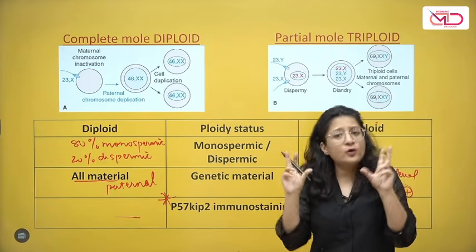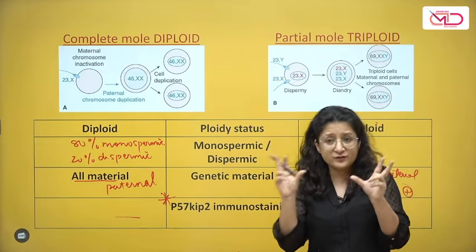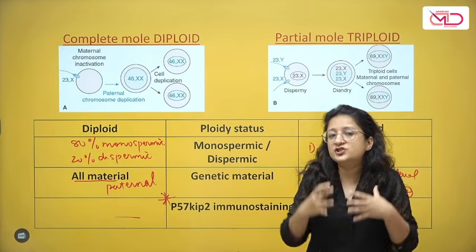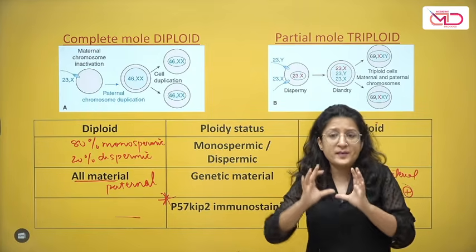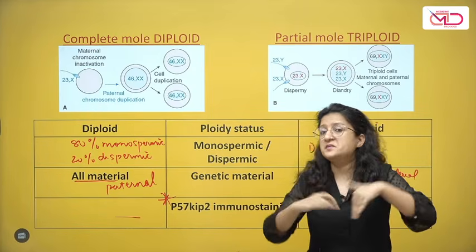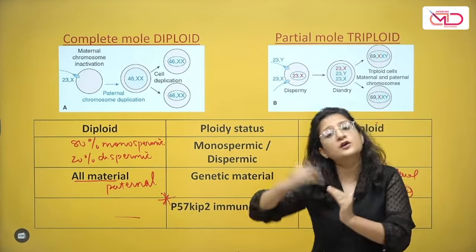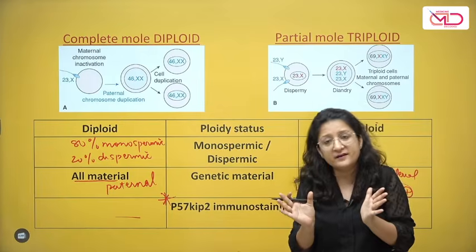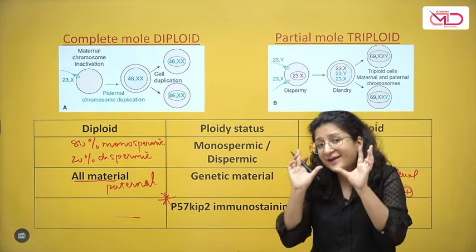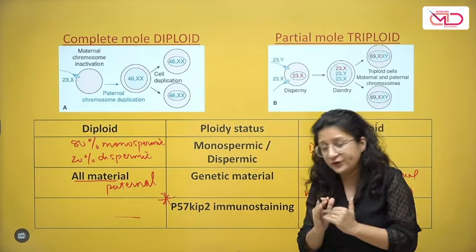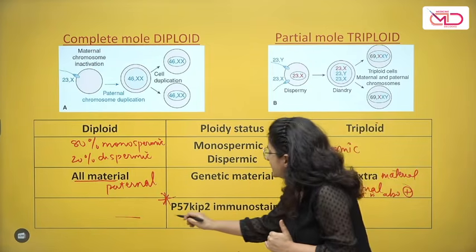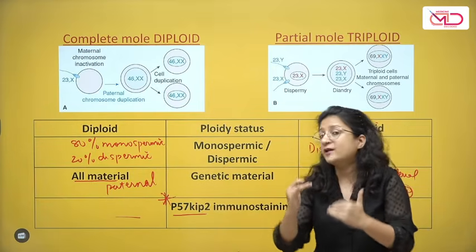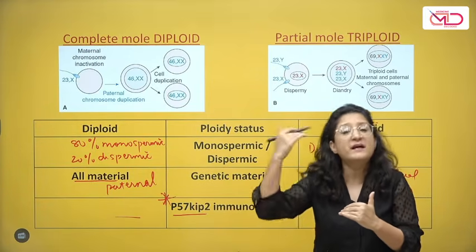Now remember, go back to your basics and understand, if you've read about genomic imprinting, all of us inherit certain genes, and some of the genes may be paternally expressed, may be maternally expressed. The maternal component that we have inherited may be expressed, or the paternal component that we have inherited may be expressed. So taking that analogy further, the P57 KIP2 gene is paternally silenced and only expressed from the maternal side of the gene.